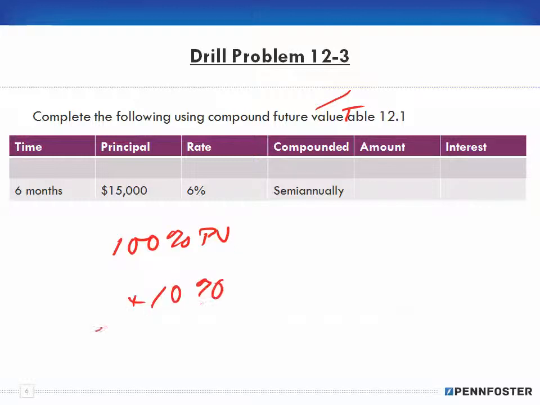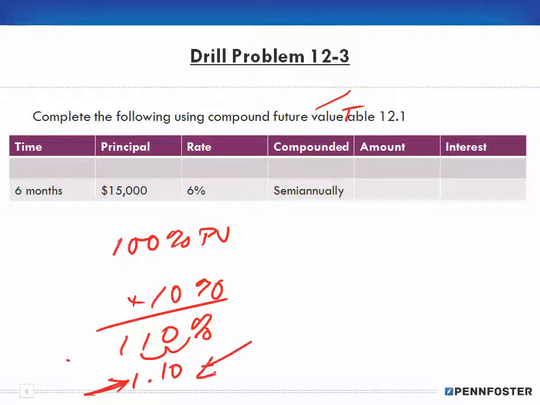Well, that's 110%. So my factor should be greater than 1, because if I convert 110% into a decimal, I get 1.10. So if I'm looking out into the future, those factors should be greater than 1. And conversely, if I'm looking at a present value table, they should be less than 1.